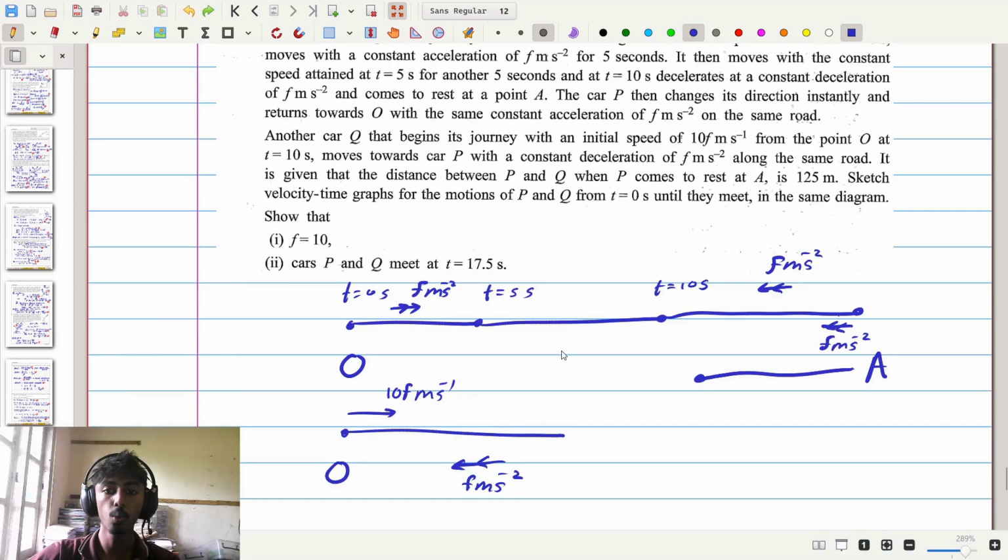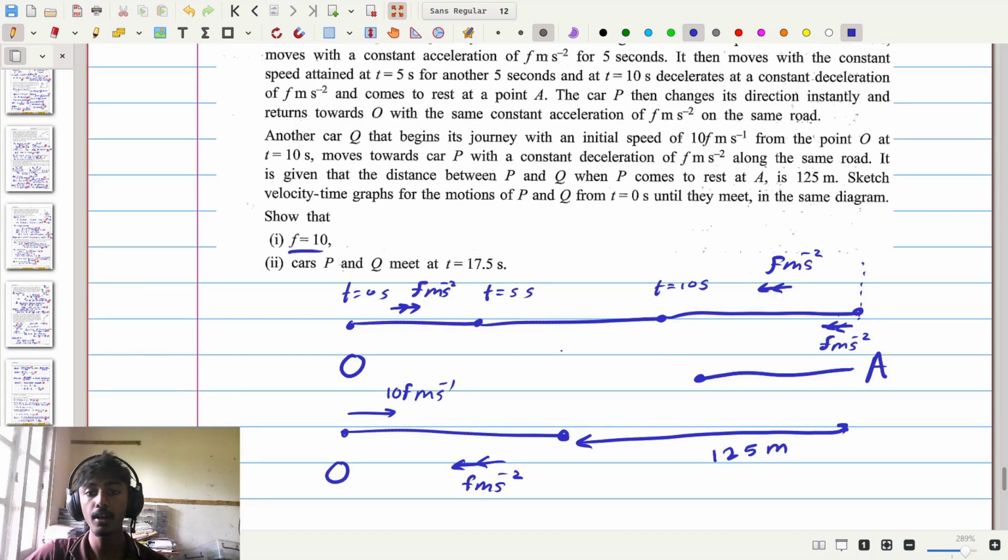What they're saying first is that at the time at which point the car P comes to rest at A, the distance between P and Q, which I'm going to interpret as this distance here, is 125 meters.